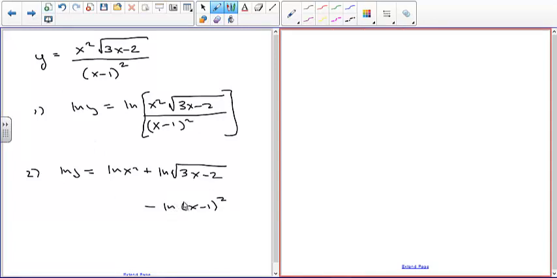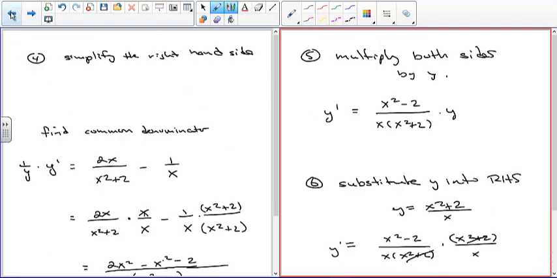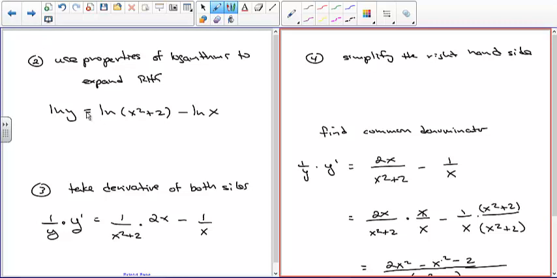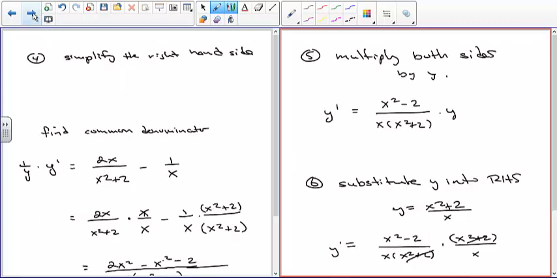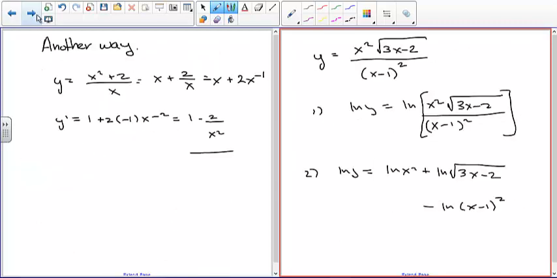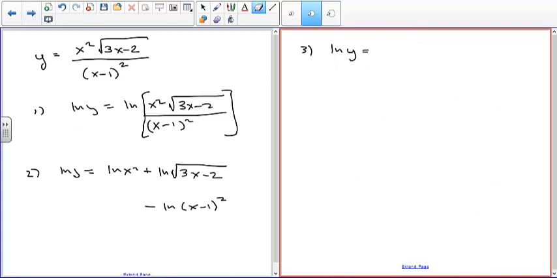Okay, so that's taking the natural log of both sides. Actually using the properties of logarithms. Now, I can simplify this by, let's go back, maybe I need to include this all in one step here. Use the property of logarithms. Okay, so that's not step 3 yet. We're still on step 2. So we've got to keep going a little bit on the right-hand side. So the natural log of x squared is 2 times the natural log of x.